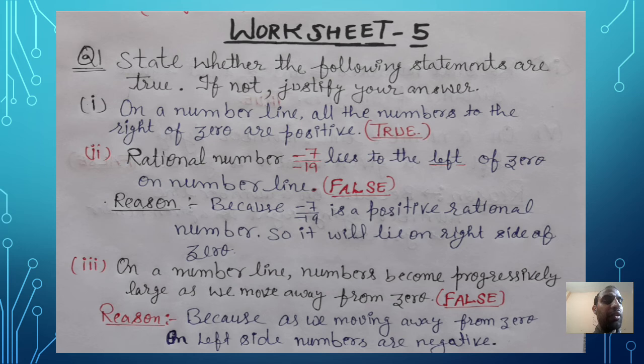But when we are moving toward the left side, numbers are negative and value is decreasing. Due to this reason, our statement is false. So we need to write the reason, because as we are moving away from 0 on the left side, numbers are negative. If numbers are negative, the value is less. That's why this statement is false.